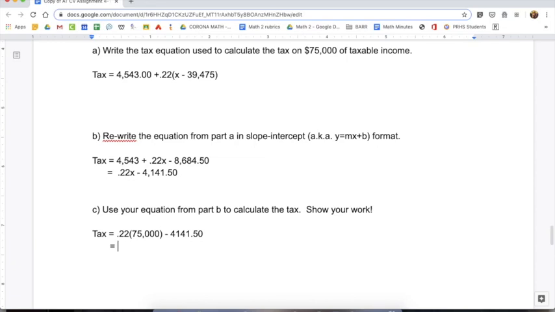And then since 0.22 times 75,000 is 16,500, and then we're going to carry down the 4,141.50, and then we'll just subtract, and we get $12,358.50, and that is how much tax a single person would pay on their $75,000 in income.